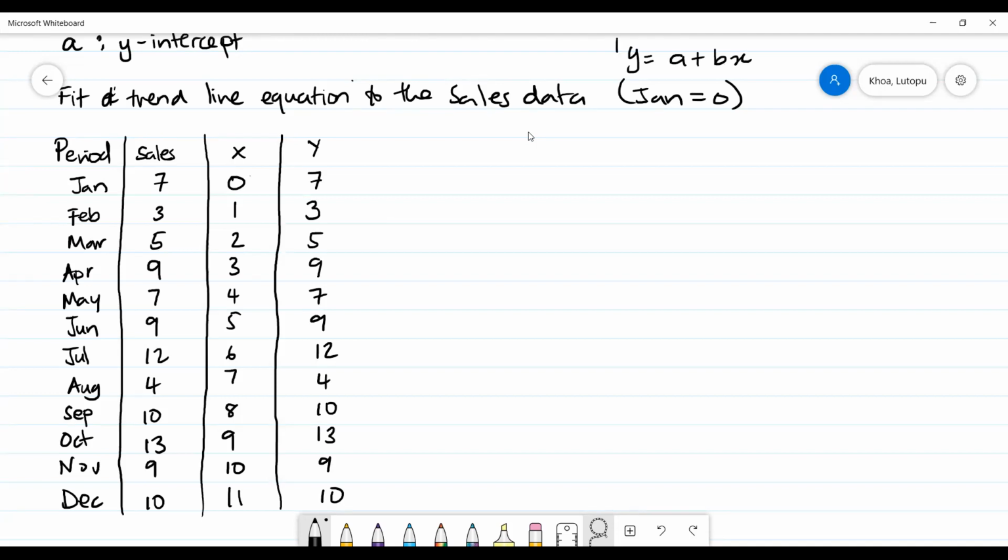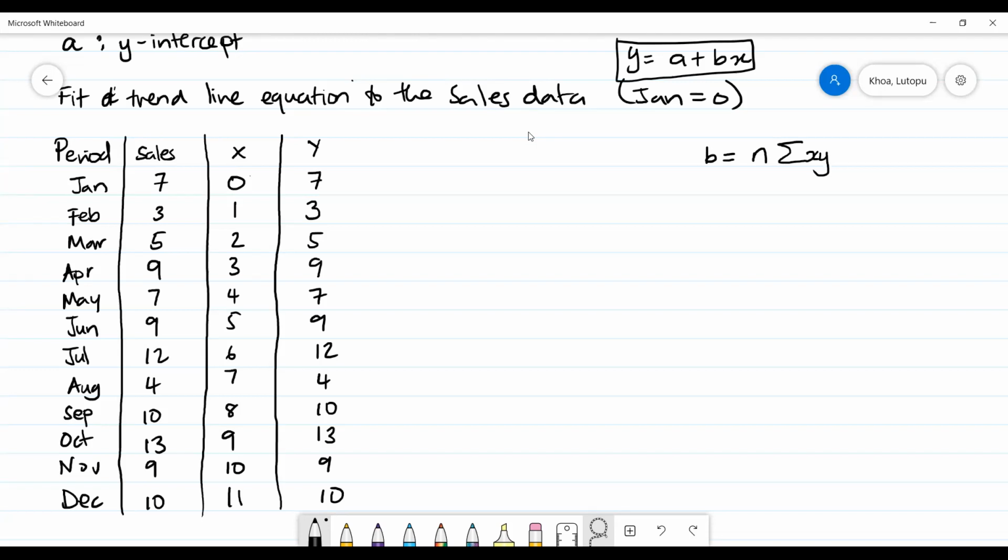Okay, so this is the equation that we want to come up with. We need to solve for A and we need to solve for B. The equation for B is given as N multiplied by the sum of the X times the Y values.